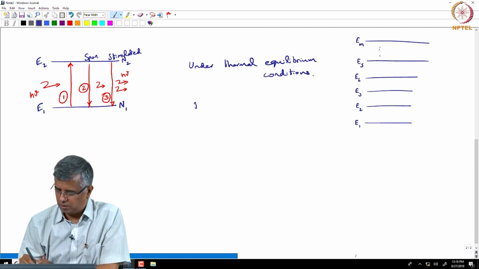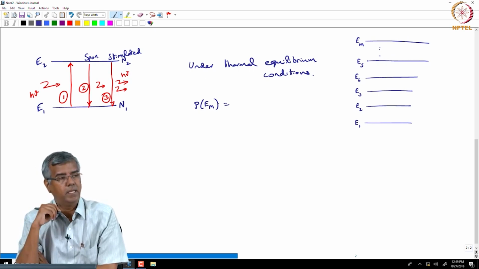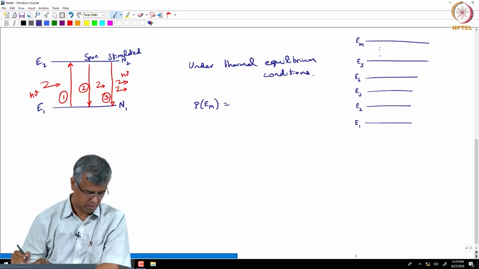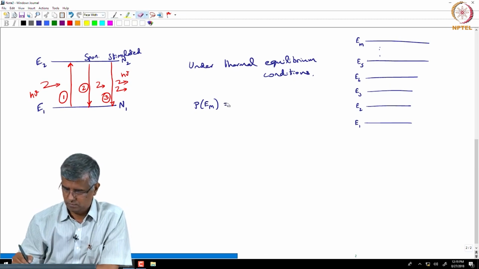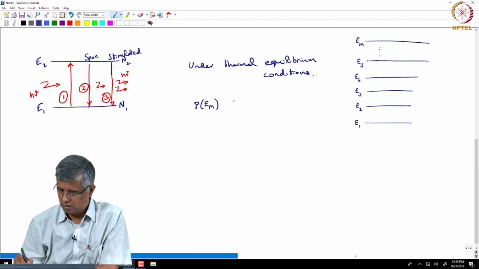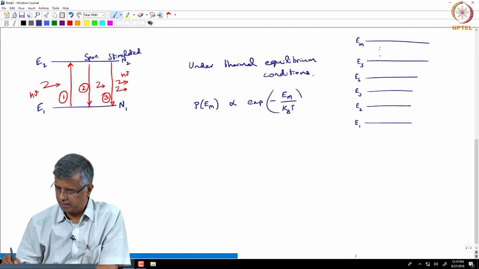The probability that you will find an electron occupying an energy level Em would be proportional to exponential of minus Em over kBT, where kB is what?